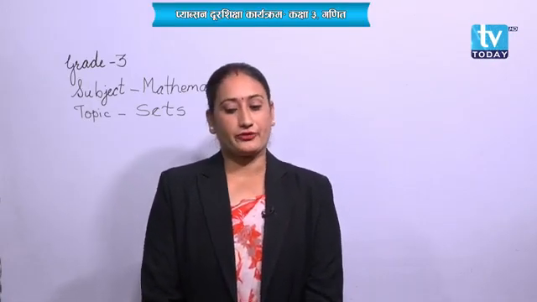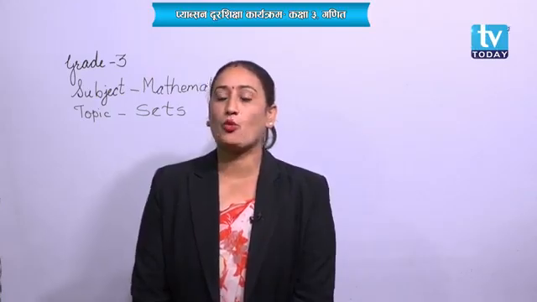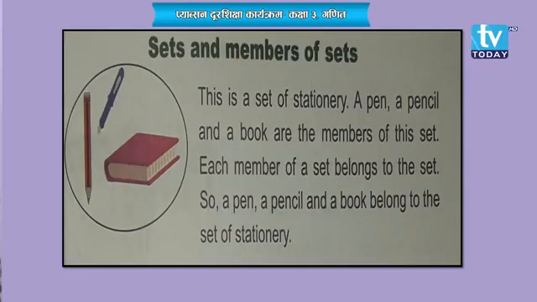Okay, so first, here is one picture. Have a look at this picture. Inside that picture, what have you noticed? There is a book, pen and pencil, right? So, we call it a set of stationery.